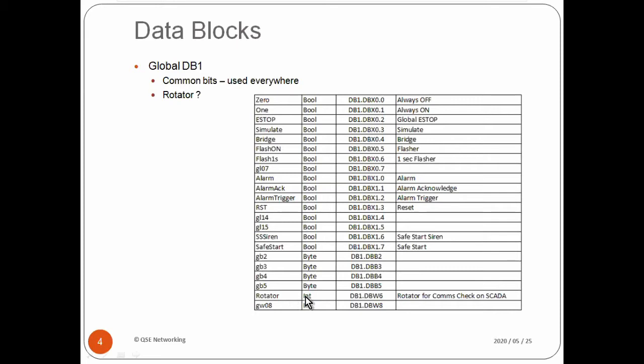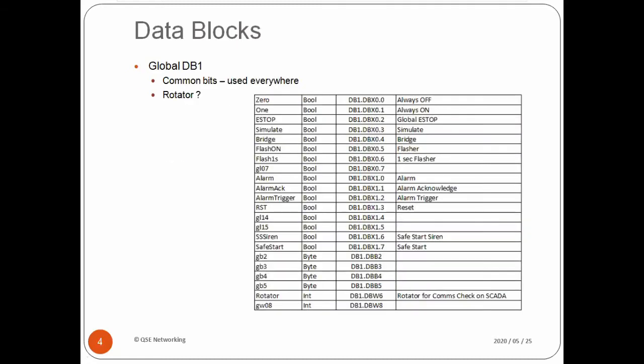There'll be a number counter in the PLC, and on the actual SCADA screen, you will see somewhere in the corner of the screen that you'll see it changing. It'll either be rotating or it'll be showing a number, just to show you that communications is active between the SCADA and the PLC. Because sometimes when you're looking at SCADA and it looks like nothing's happening, this is what's going to tell you whether you actually got live information or not.